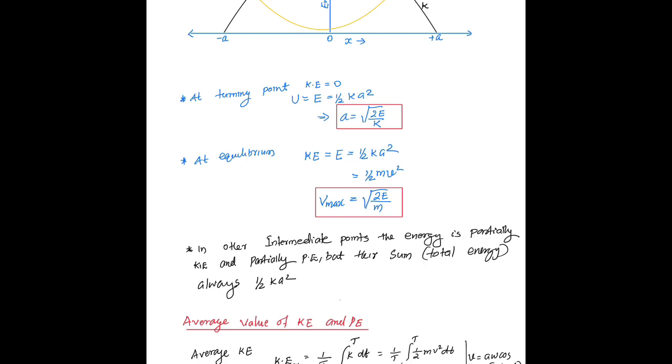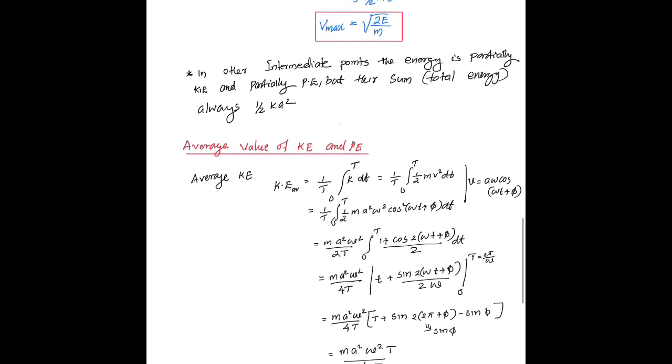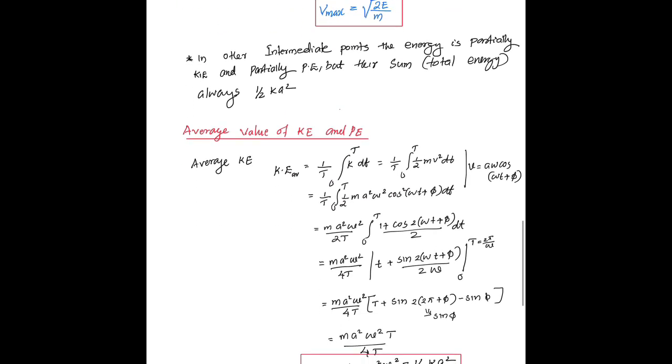The next thing is that the kinetic energy and potential energy vary with displacement and time, so I can find the average value of kinetic energy and potential energy. It's very easy. Average kinetic energy is equal to 1 over T, integral from 0 to T of K dt. K is kinetic energy, so what is K? Half mv square.